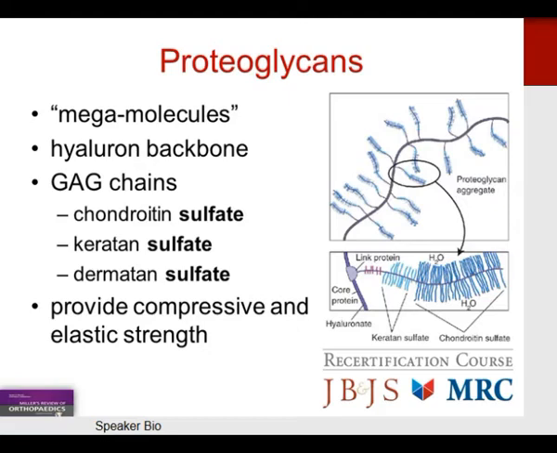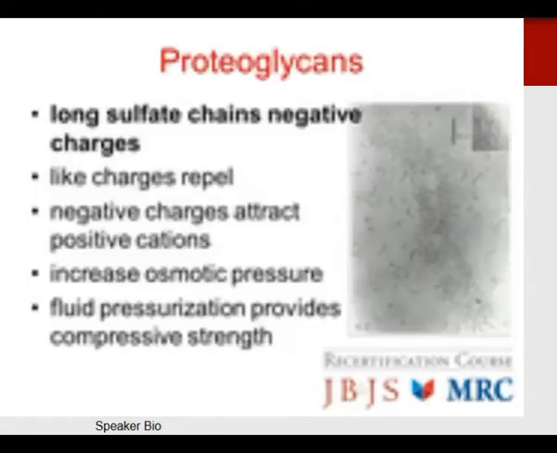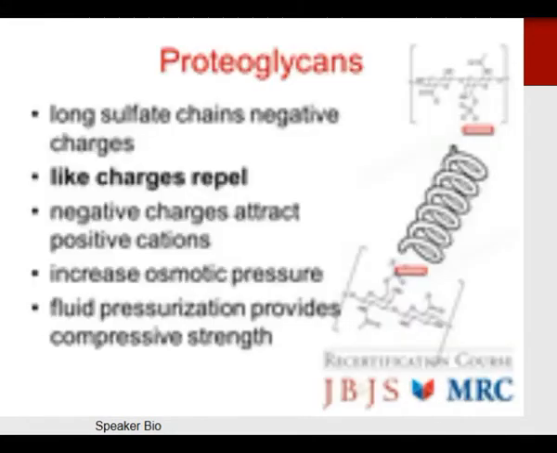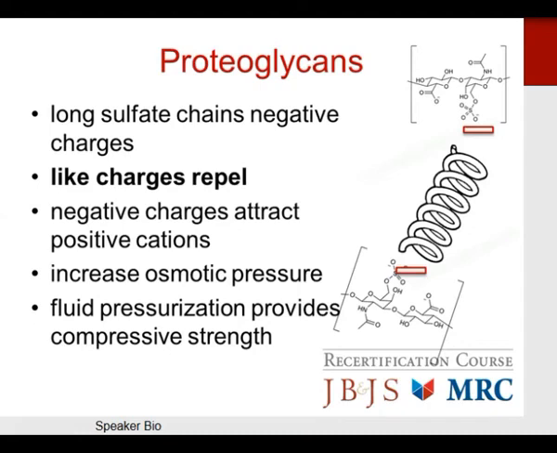So these are sulfated glycosaminoglycan chains. These provide both compressive and elastic strength. These long sulfate chains have negative charges. The like charges repel the same way that two same ends of a magnet will repel. The negative charges also attract positive cations, increase osmotic pressure, and fluid pressurization helps to provide compressive strength in cartilage.